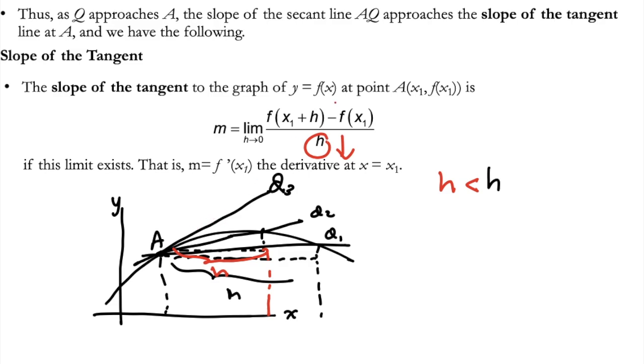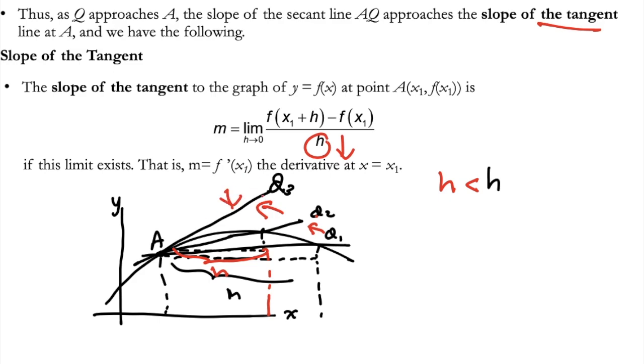Alright, and then you can see the first secant line moving to the second one, moving to the third one, it approaches the tangent line at A. So that means the slope also, from one secant line to the next secant line to the tangent line, also approaches the slope of the tangent line at A. This is the tangent line.